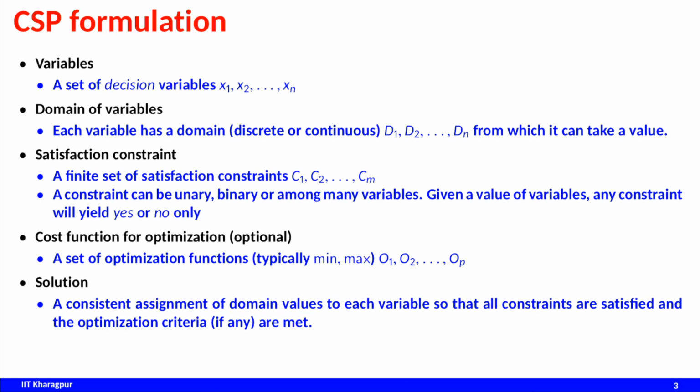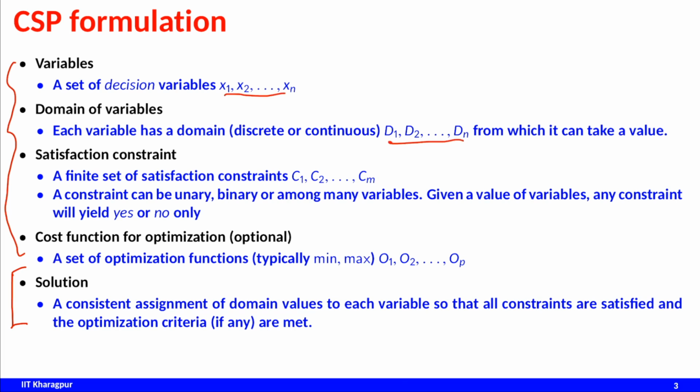And finally, this is what will be required to model the problem, and once we solve it we get a solution. A solution is nothing but a consistent assignment of domain values to each of the variables. So I have these values for each variable.